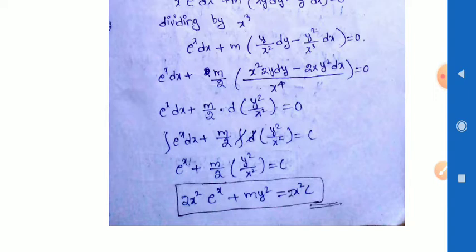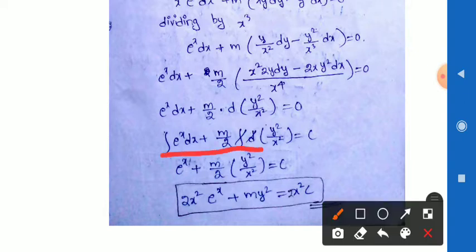Then taking integration on both sides, we get integration of e power x dx plus m by 2 integration of d of y square by x square is equal to c. Here integration of e power x dx gives e power x.